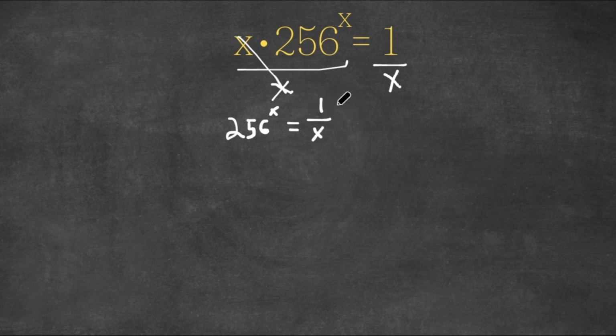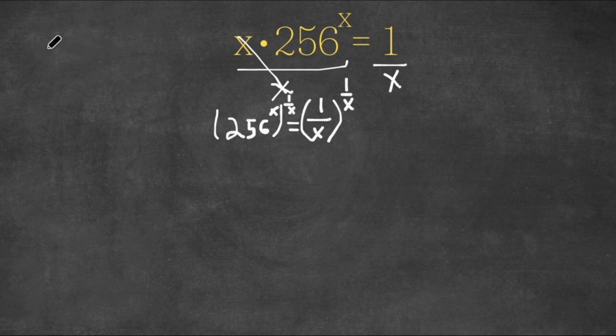Now what we're going to do is power both sides to the 1 over x. So we're going to do 1 over x to the power of 1 over x and 256 to the power of x to the power of 1 over x.